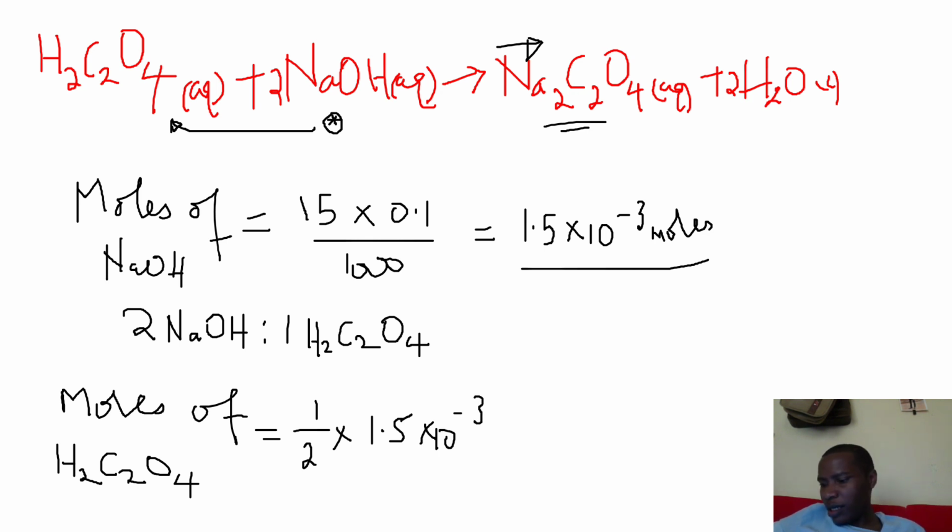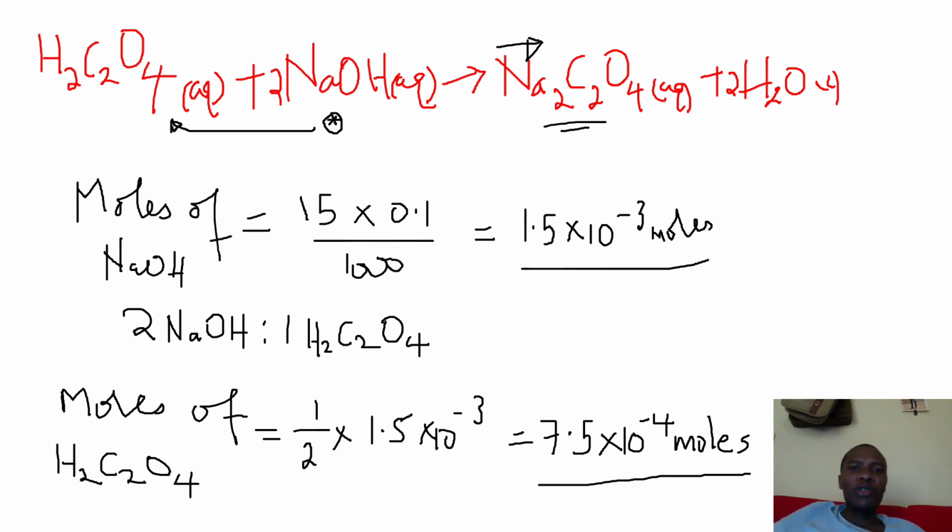And this one gives us an answer of 7.5 times 10, of course, to the power negative 4 moles. So we've got the number of moles of oxalic acid.